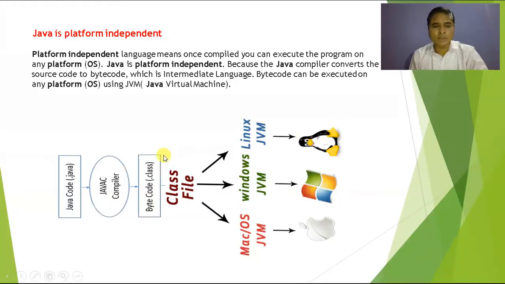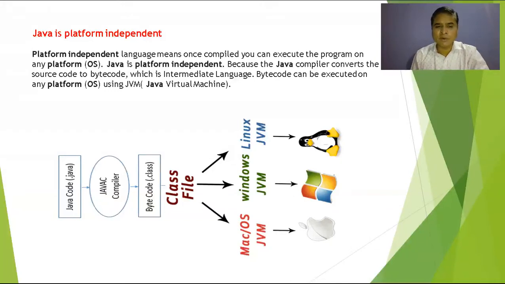So what is happening in Java case? Java source code is compiled by Java compiler and it generates intermediate code, bytecodes, and after that these bytecodes you can distribute to any of the machines. It doesn't matter which kind of operating system it has.